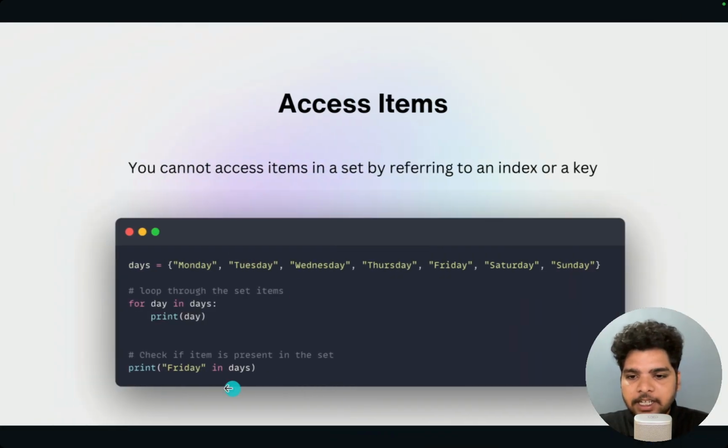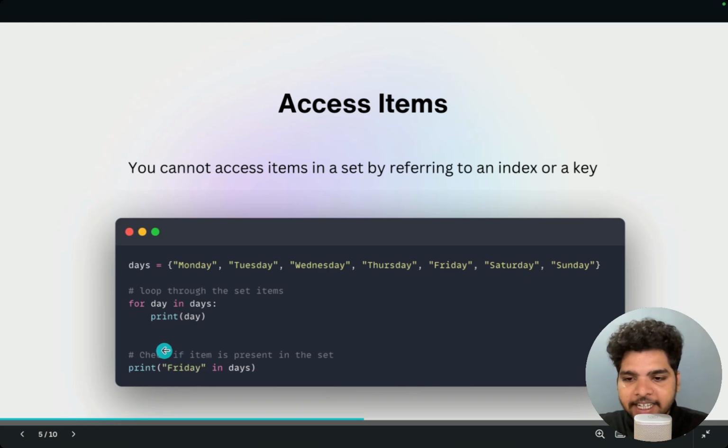What I mean is, let's say I want to check whether Friday is present in this days set or not. Is it present? Yes, it is present here, right? Now if I want to check whether Friday is present here or not, then we have to use the in keyword. Then this whole thing will return a boolean value, true or false, right?